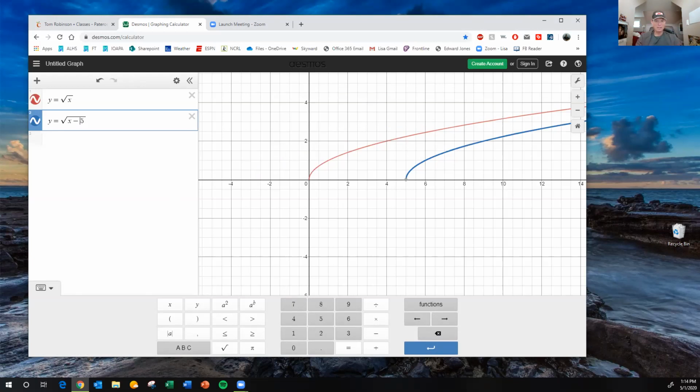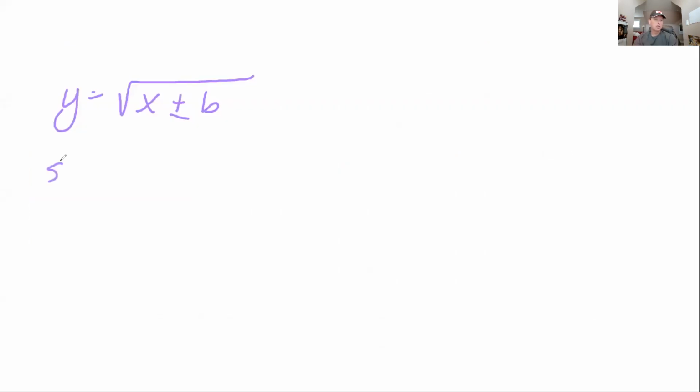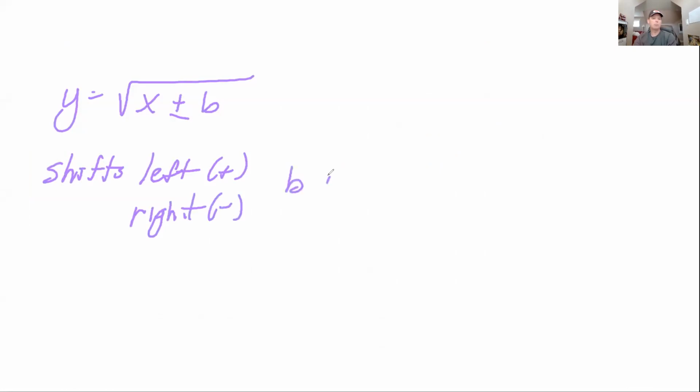Well, let me make that really clear here. So this shifts left if it's plus, or right if it's minus b units.